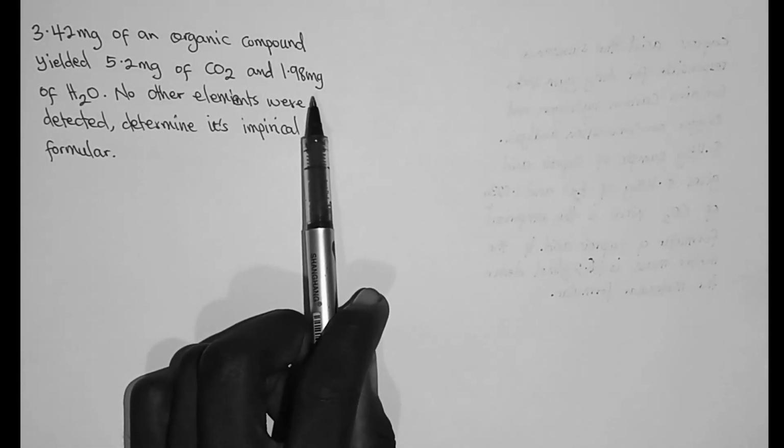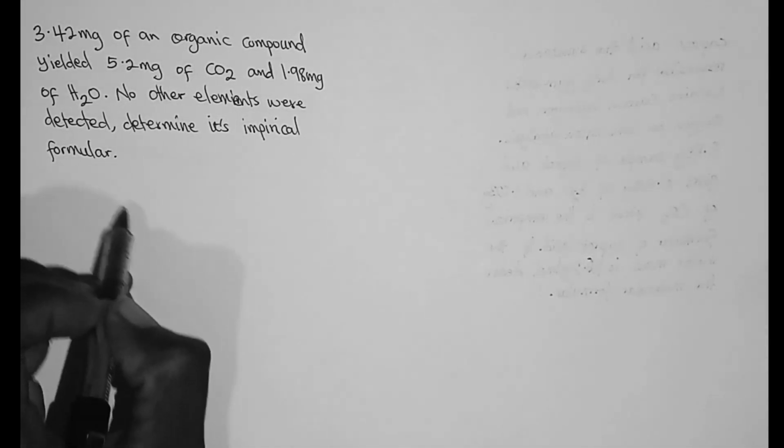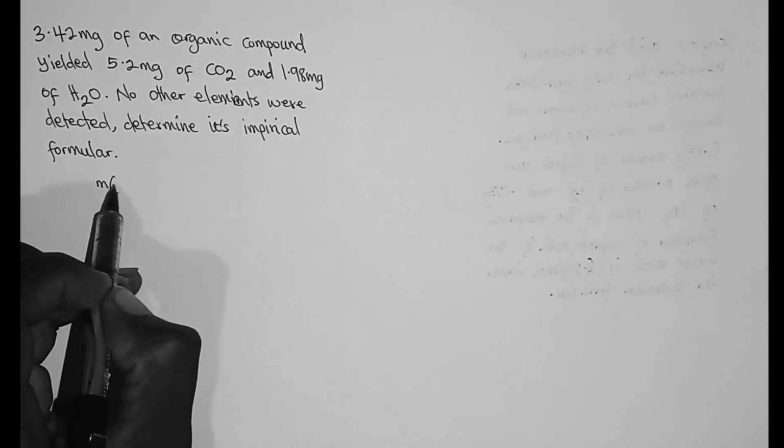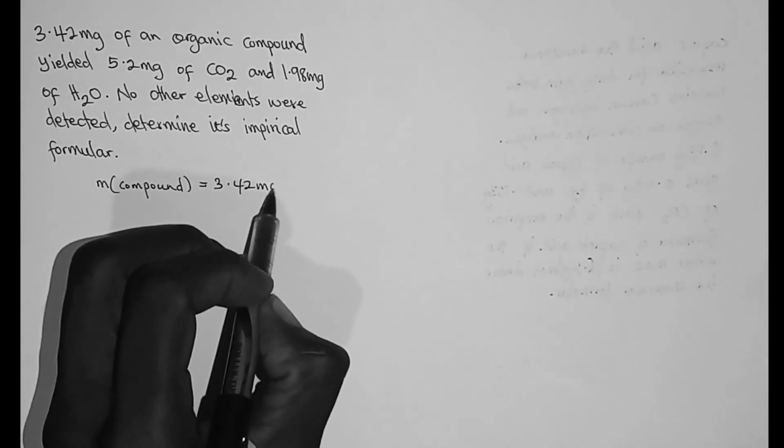3.42 milligrams of an organic compound yielded 5.2 milligrams of carbon dioxide and 1.98 milligrams of water. No other elements were detected. Determine its empirical formula. So, from the question, the mass of the compound was given as 3.42 milligrams.